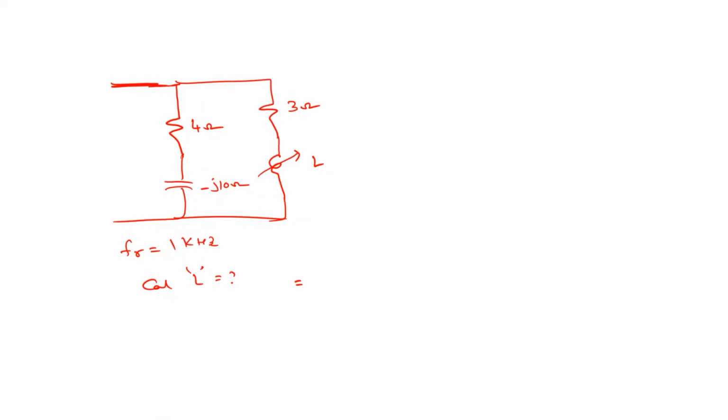It will be 3 by (3 square plus XL square), minus j into XL by (3 square plus XL square). This is for this branch. Similarly, what is the other one? 4 upon 116, plus j10 by 116.